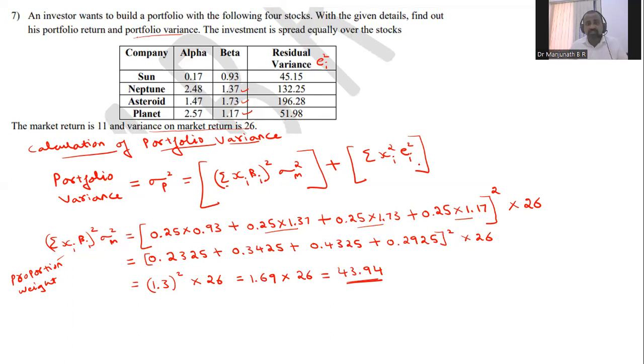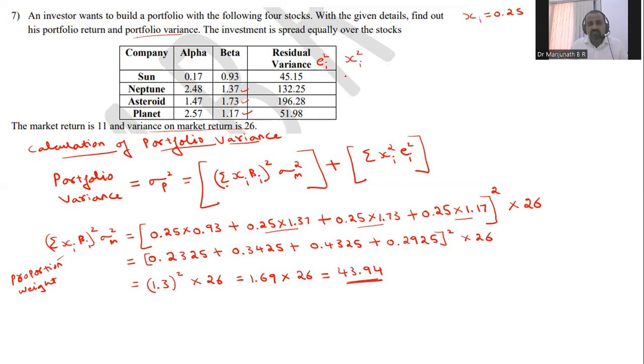Now we need to apply xi square multiplied with ei square and then make a total of it. For this, I can just help you here. Anyway, you have ei square, you can get the xi square. We know the value of xi as 0.25, right?